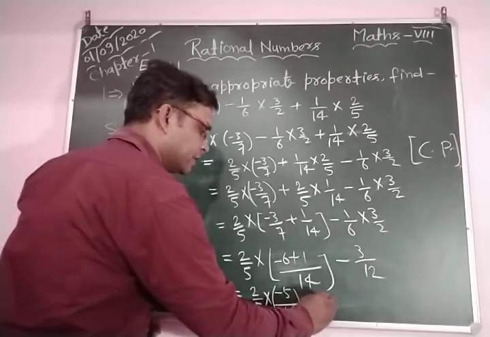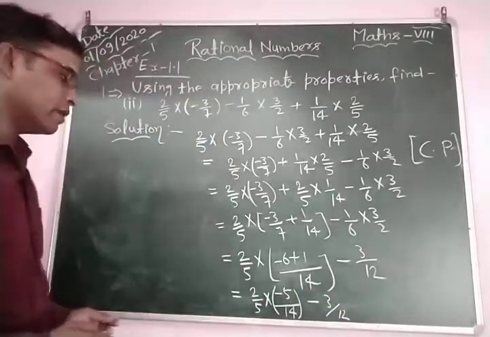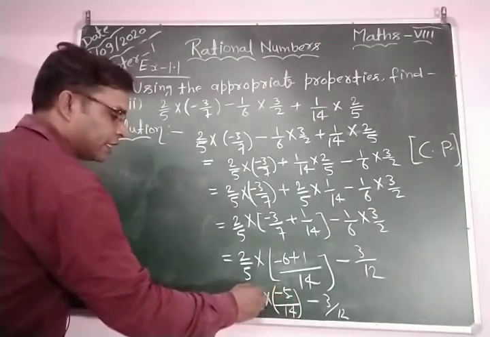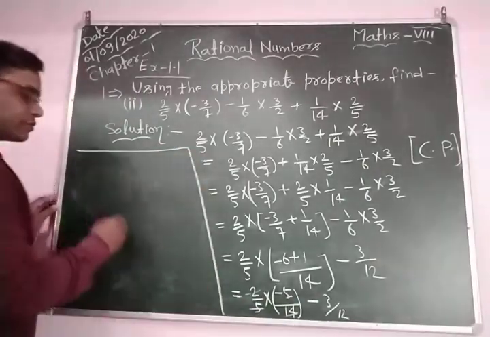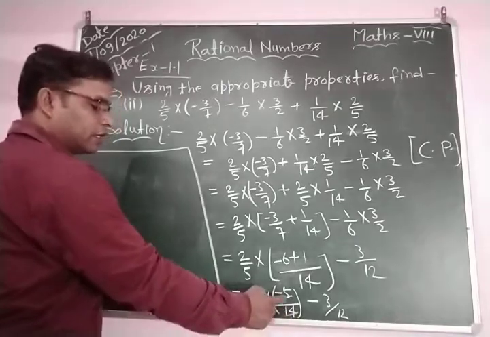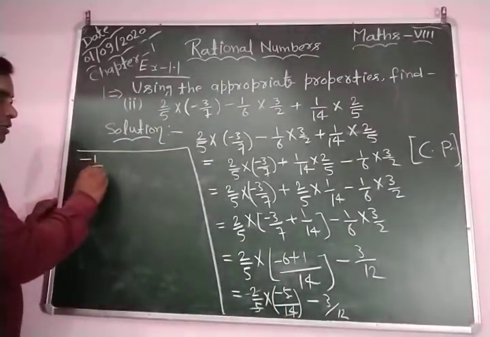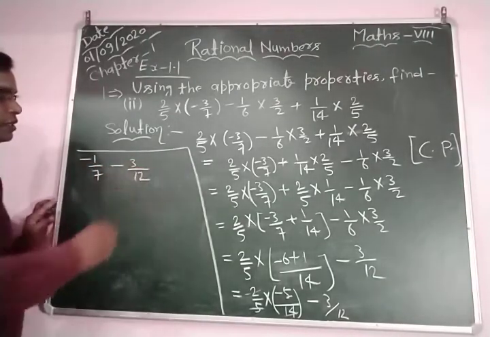Clear? And minus 3 by 12, we write as it is. Now if you cancel, this 5 is cancelled and 2 sevens are 14. So here we have minus 1 by 7 minus 3 by 12.